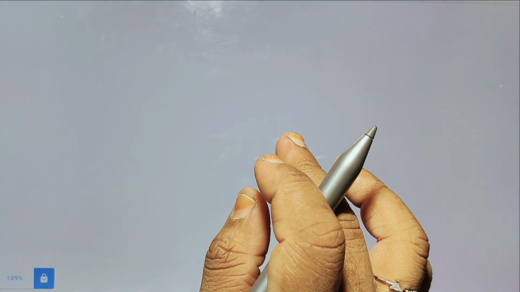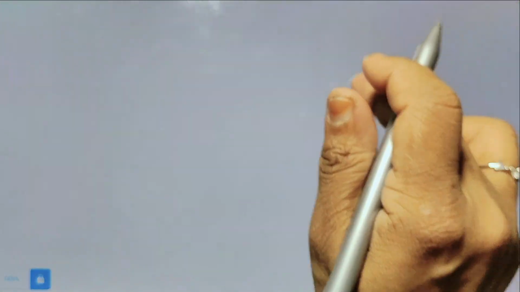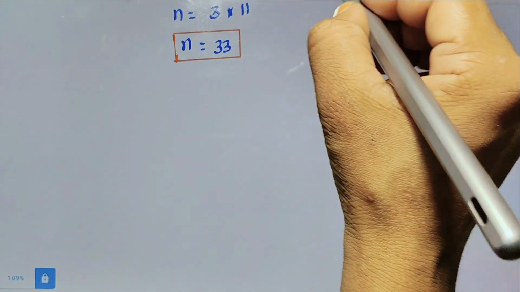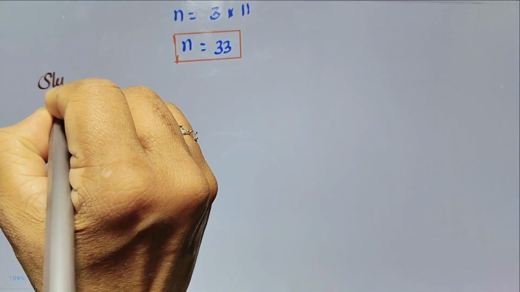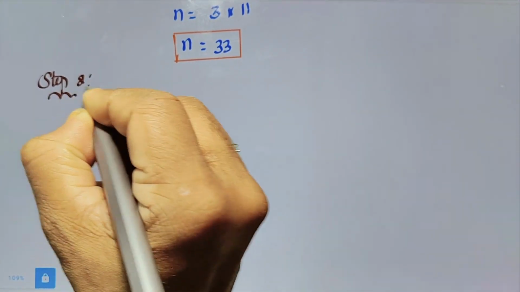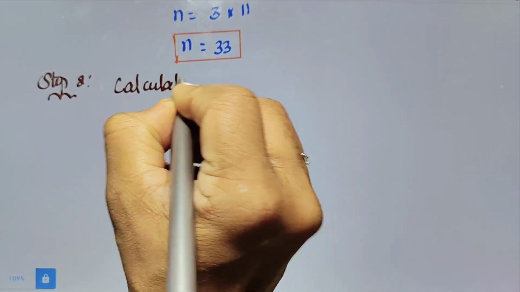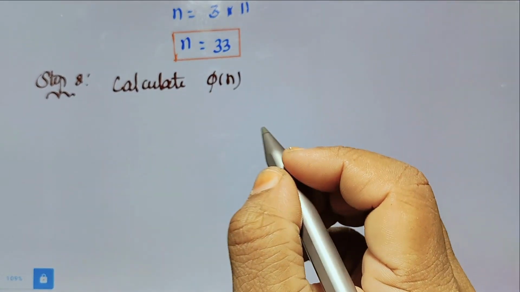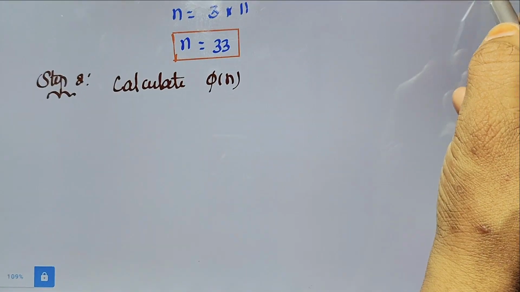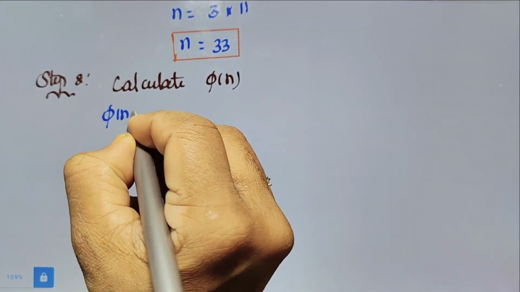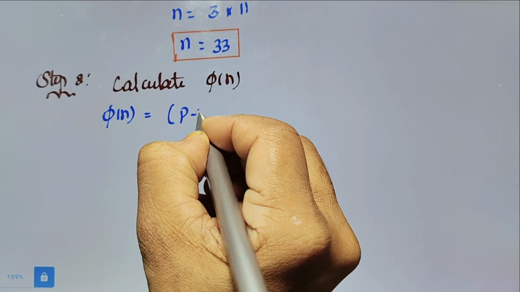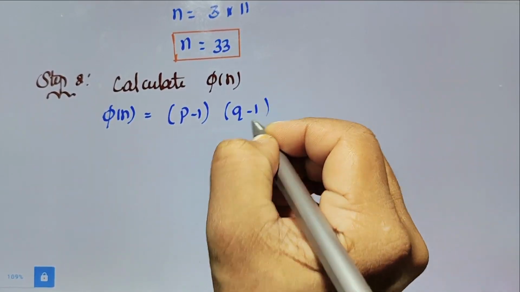Next step 2, calculate pi of N. It's nothing but the Euler-Totient function. Pi of n, write the formula. Pi of n equal to (P minus 1) into (Q minus 1).